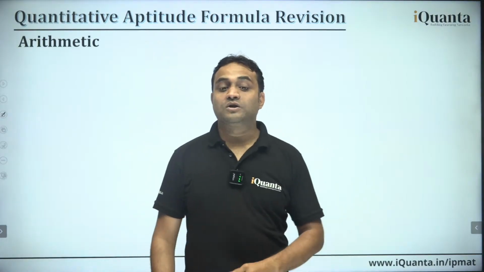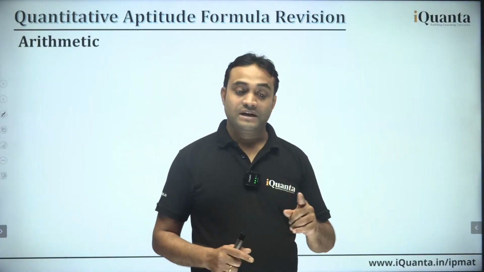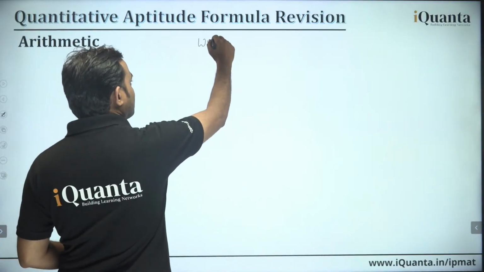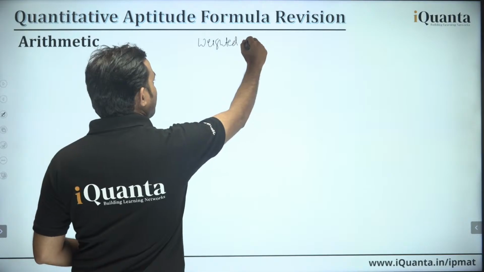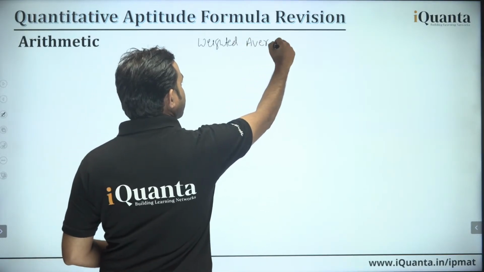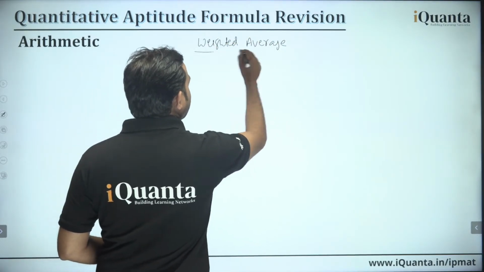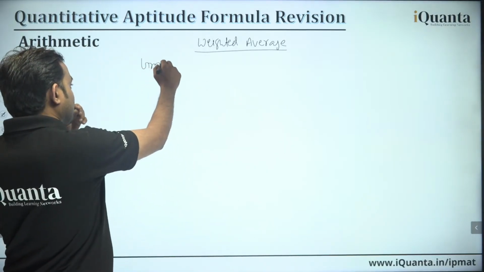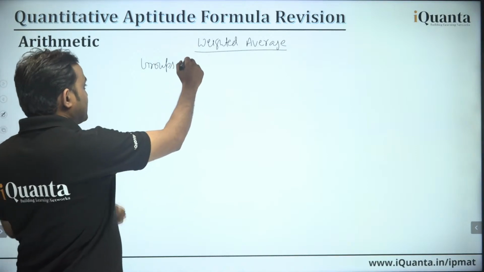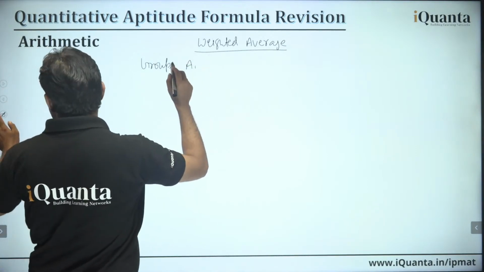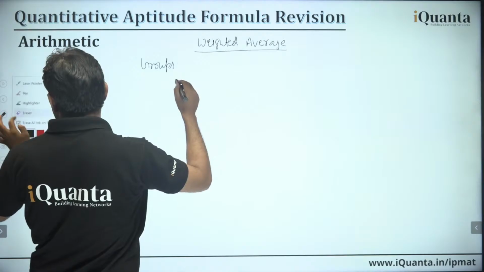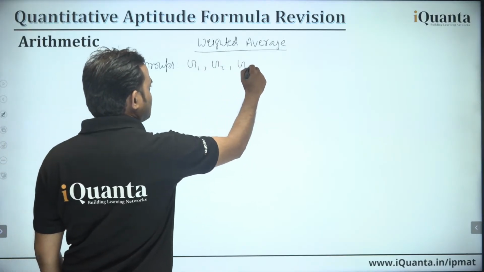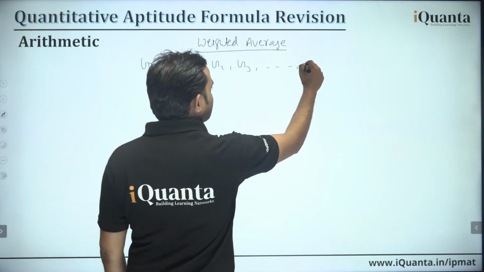Now, what about the next part of average? In case of average, we are talking about weighted average. How do we find weighted average? Let's say there are some groups, G1, G2, G3 till Gm.